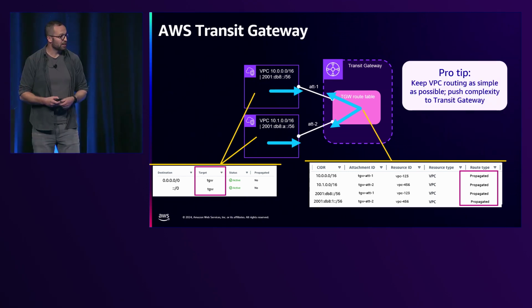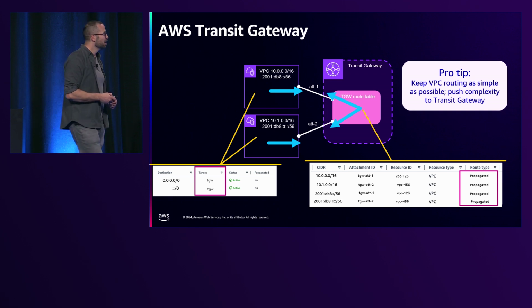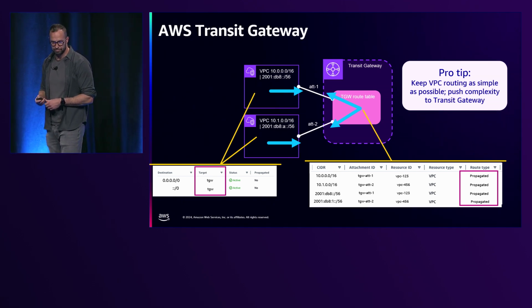And the tip here is to keep your routing inside of a VPC simple. Put the complexity on the Transit Gateway or Cloud WAN, which Ankit's going to show you in a second. But routing in the VPC should be as simple as possible. You don't want to make that too complex.